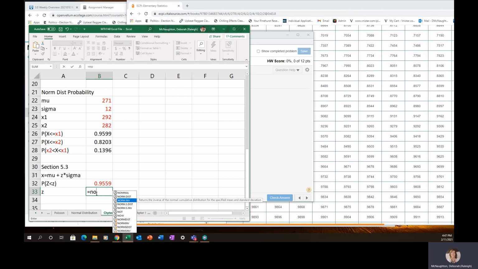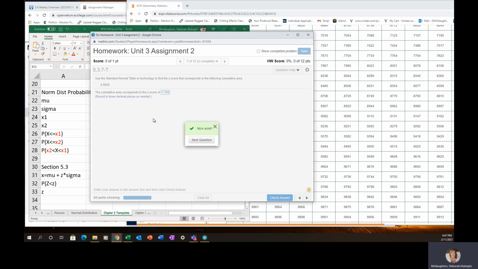This is standard normal, so I want norm.s.inv. This returns the inverse of the standard normal cumulative distribution. I hit tab, and then all I need to put in is my probability. Notice it wants a probability, so I put in this. The nice thing here is it wants it to 3 decimal places, and I got 1.705. So it's a little easier to do it using this.